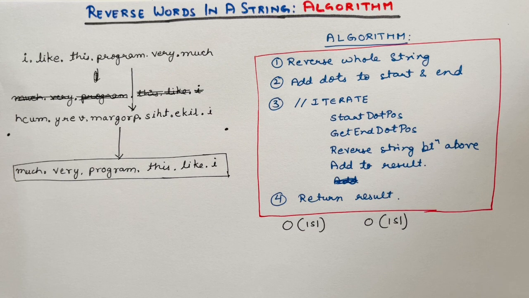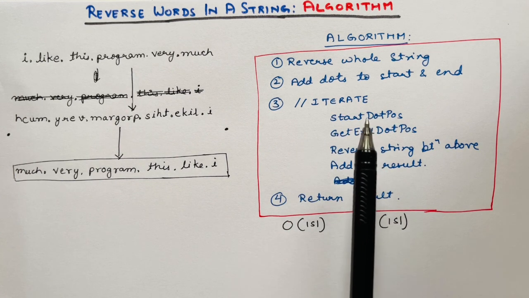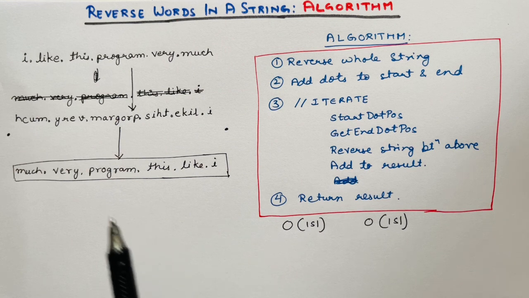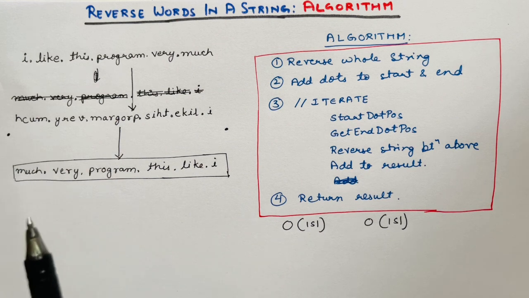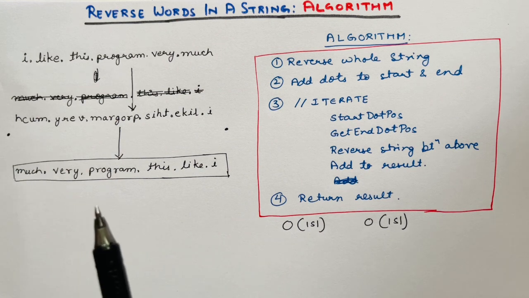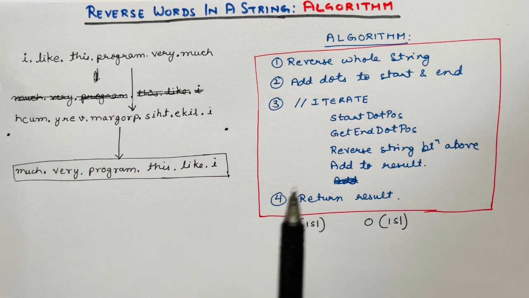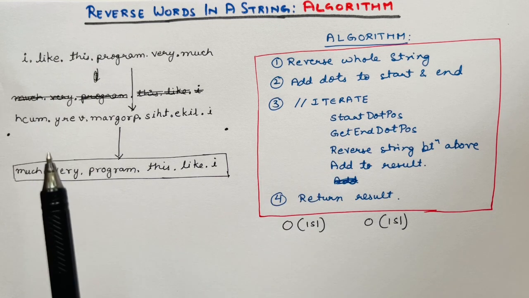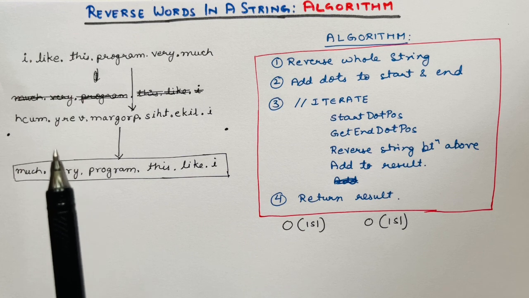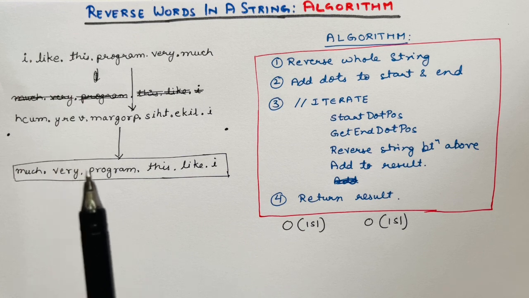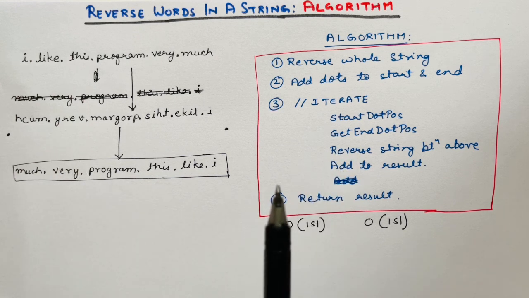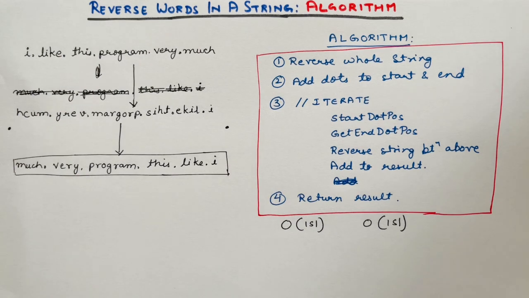So what all will we have in every iteration? In every iteration, we will first get the start dot position. Let's say we get this one. Then we will have to get the end dot position for this. And we can get this simply by moving across the string till we get the first next dot. So we get the end dot position. Now we have a string between these two dots.